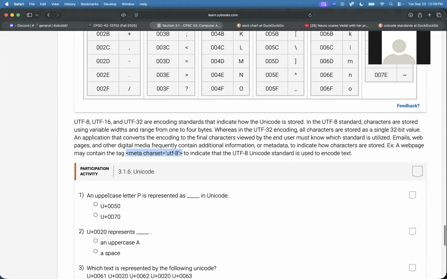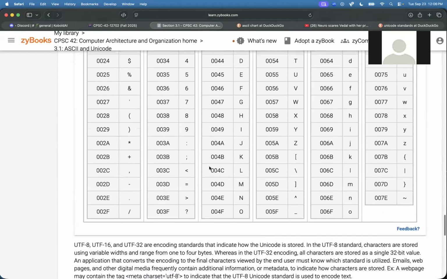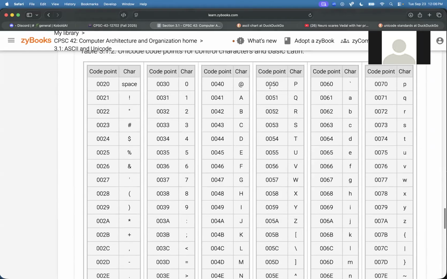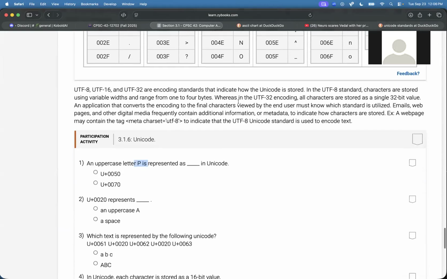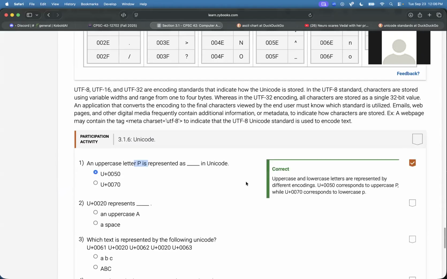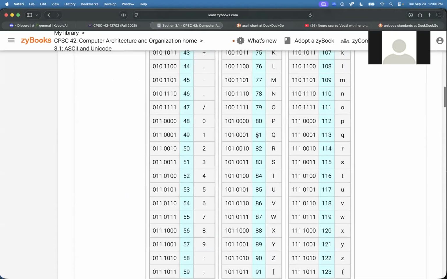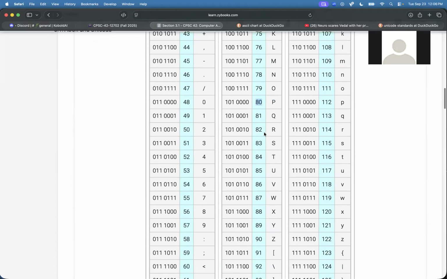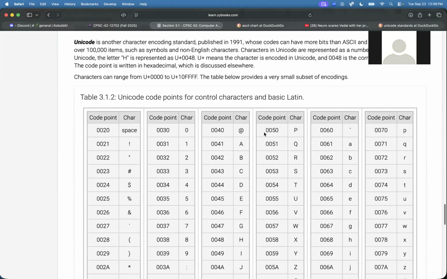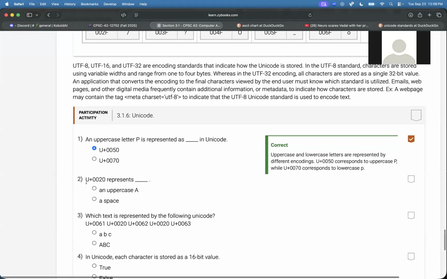So here it says, how do you do a P? You find P, 0050, and so it's there. What's P in ASCII? Which was 80, so it was not a 50. U plus, U is for Unicode, 0020.